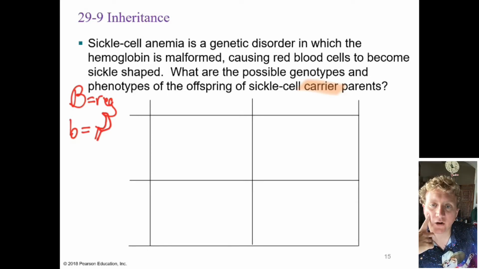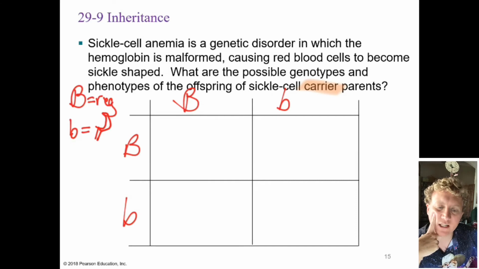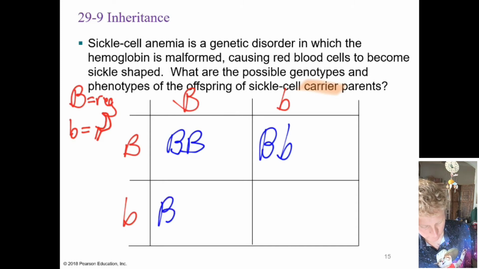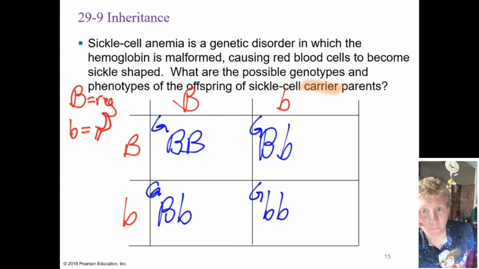They are carrier parents. That means they are both heterozygotes. What are the possible genotypes and phenotypes of my babies? So I'm going to fill in the boxes. And look at that. So possible genotypes is what you see here. Possible phenotypes are what those expressions are.